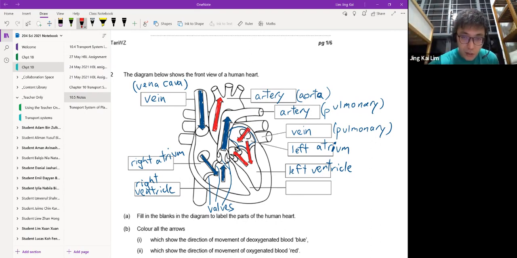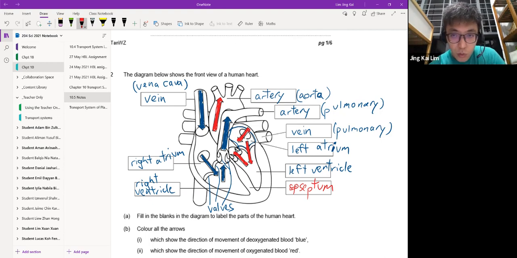Now if you notice the center muscle here that is not specified, this is actually the septum. It's a very special part of the heart that actually separates the heart into the two halves. Before the valves actually separated it into quarters.